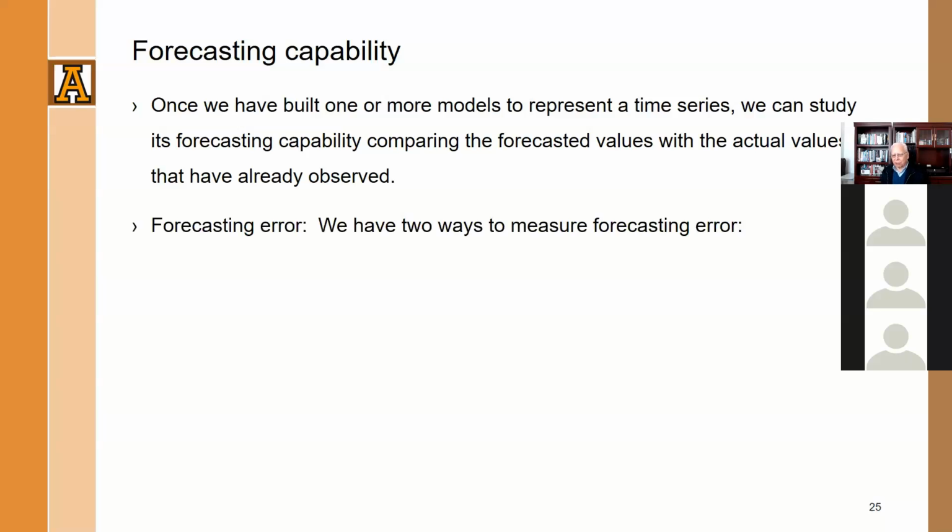To measure forecasting error, there are essentially two ways. The first one is we build H forecasts starting at origin tau, which is n minus H. So we build the model.